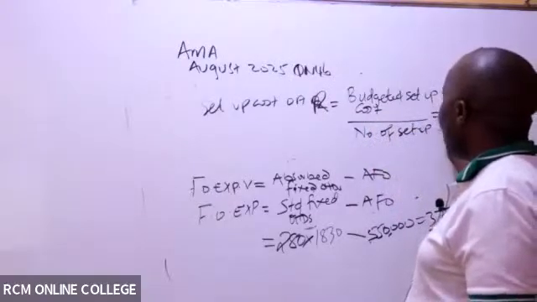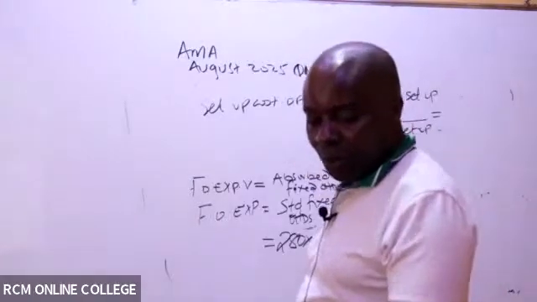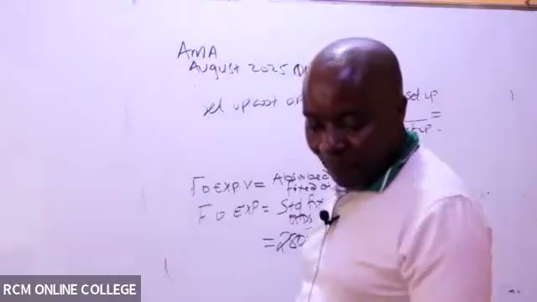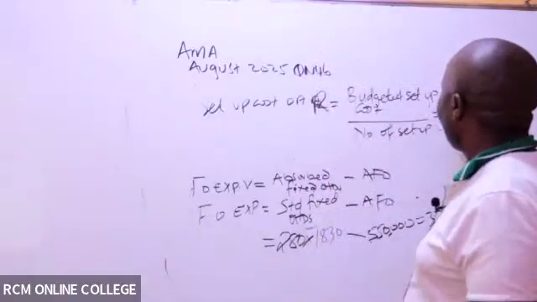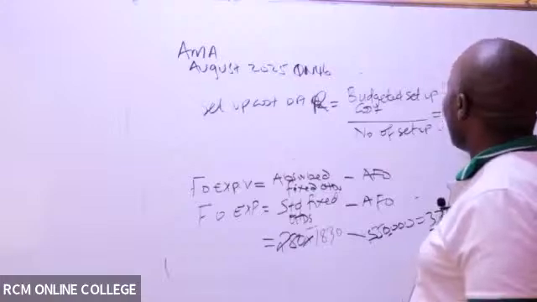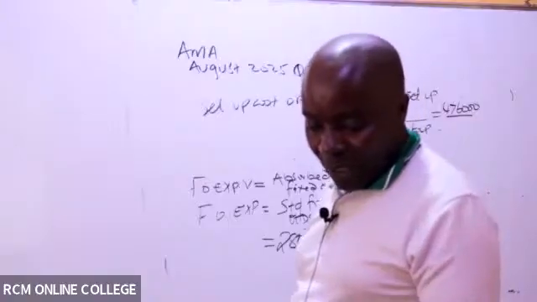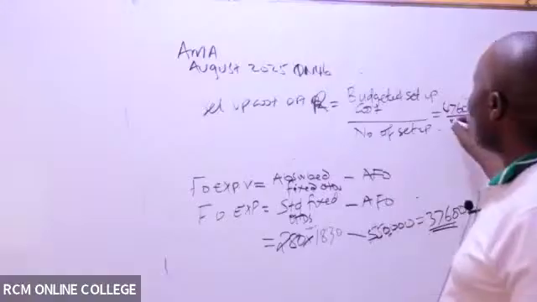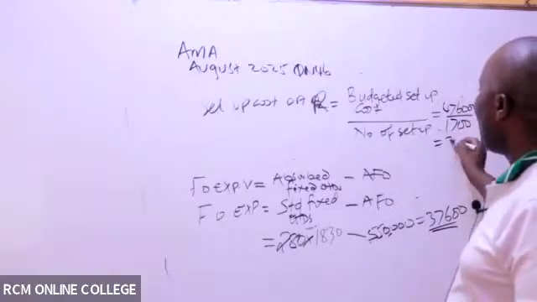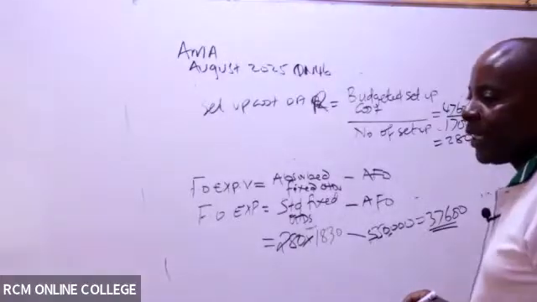The budgeted setup cost, if you're keen enough, you should be able to see it is 476,000, all over number of setups, which I can see are 1,700. That way I'll be able to get to 280.